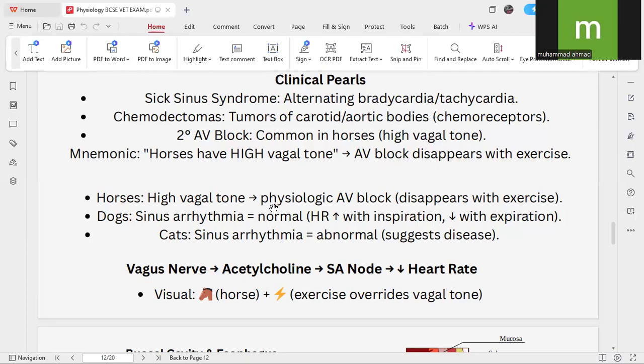Horse, high vagal tone, physiological AV block. So when the horse is not at rest, there is no AV block.